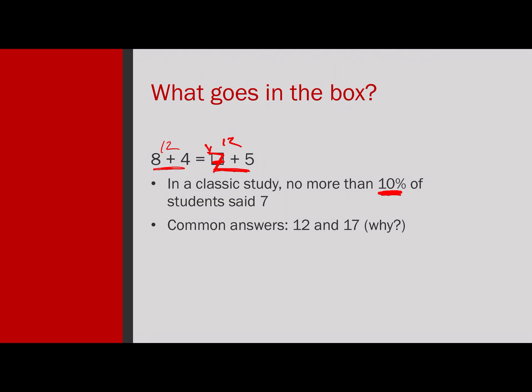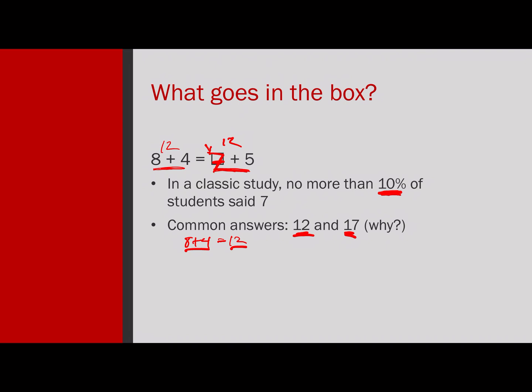Okay. Well, why could 12 be in there? Why could 17 be in there? Now, 12 could be because 8 plus 4 is equal to 12 if you just consider this part and this part. But this is the non-relational, operational understanding of the equal sign, okay, as we found in the reading.